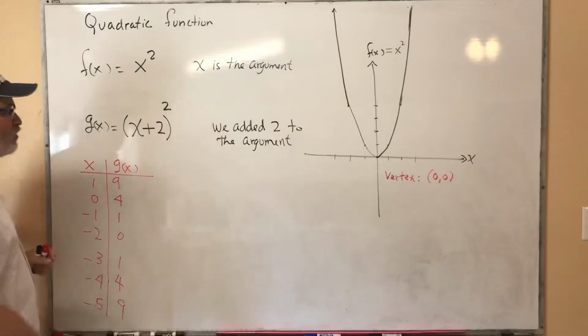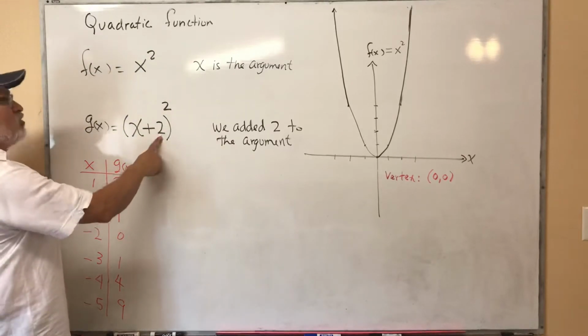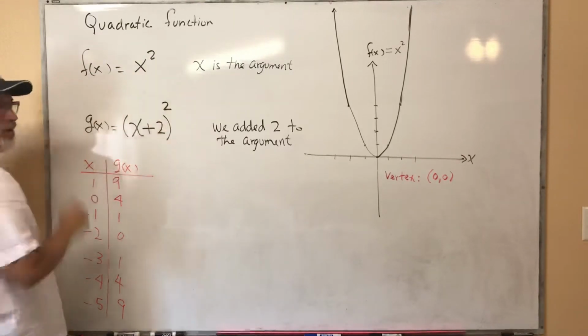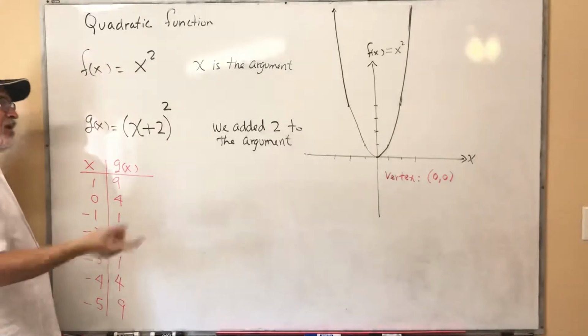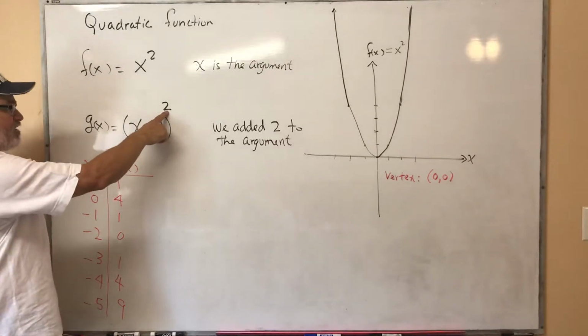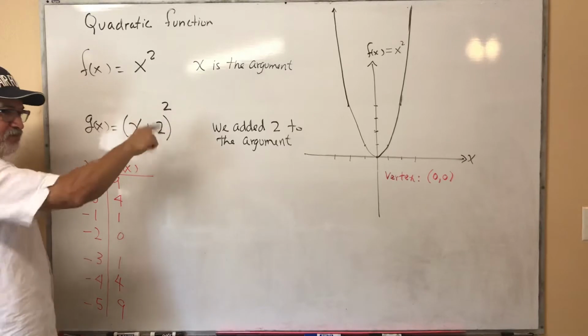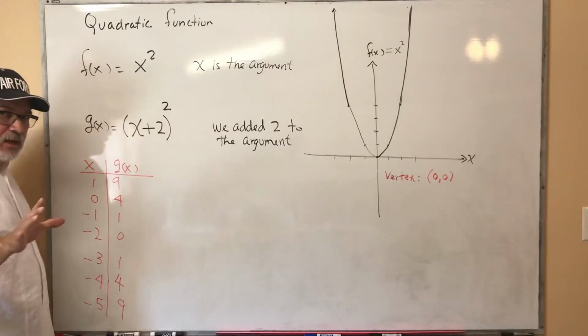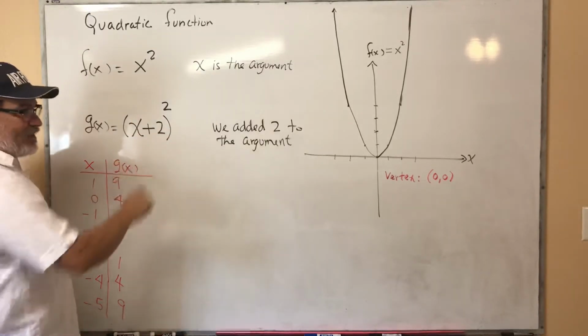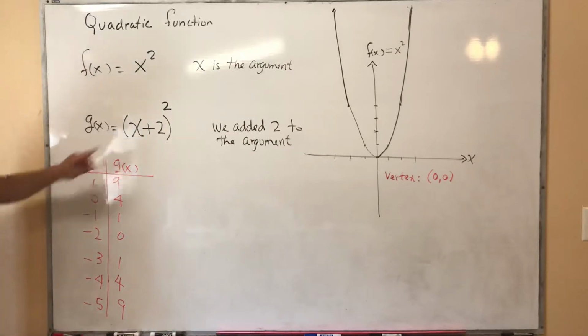Watch what happens when you add 2 to the argument in the parabola. How do I know it's a parabola? Because the power is being squared. If it was being cubed, it's no longer a parabola. And that's what it looks like. Now we're going to graph this one.